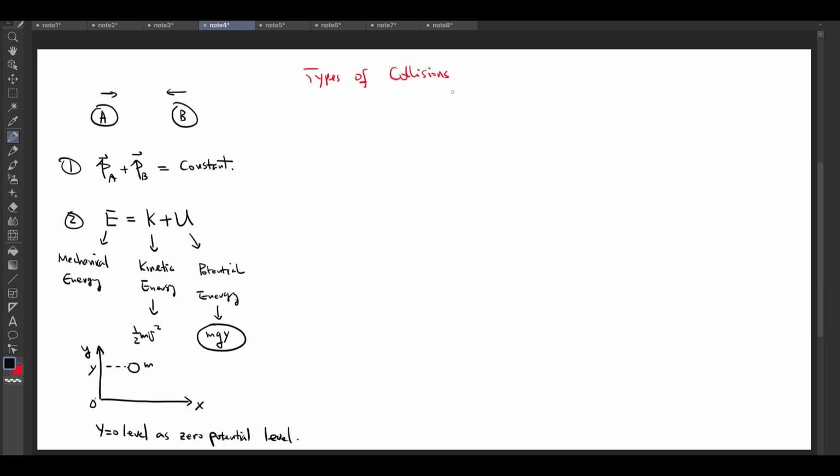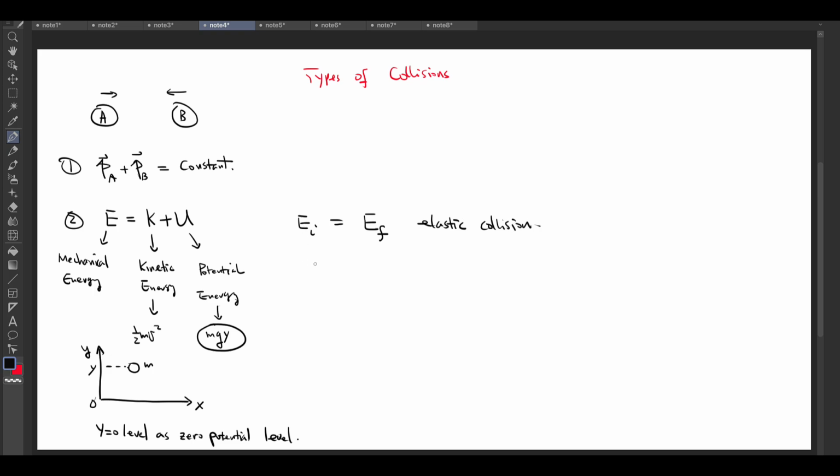With that definition, the second criterion that we're going to use to divide the collisions into different types is based on energy conservation. Now, if the initial mechanical energy EI of the system equals the final mechanical energy, then we say this kind of collision is an elastic collision.